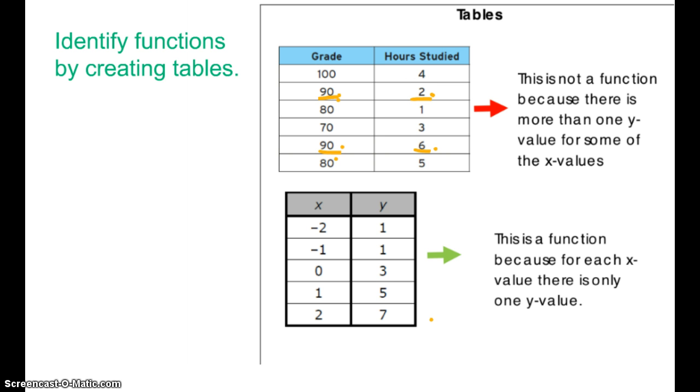But the second one is an example of a function because for every x value, there's only one value. And again, same thing here: for every hour studied there should be only one grade, but there are multiple grades.